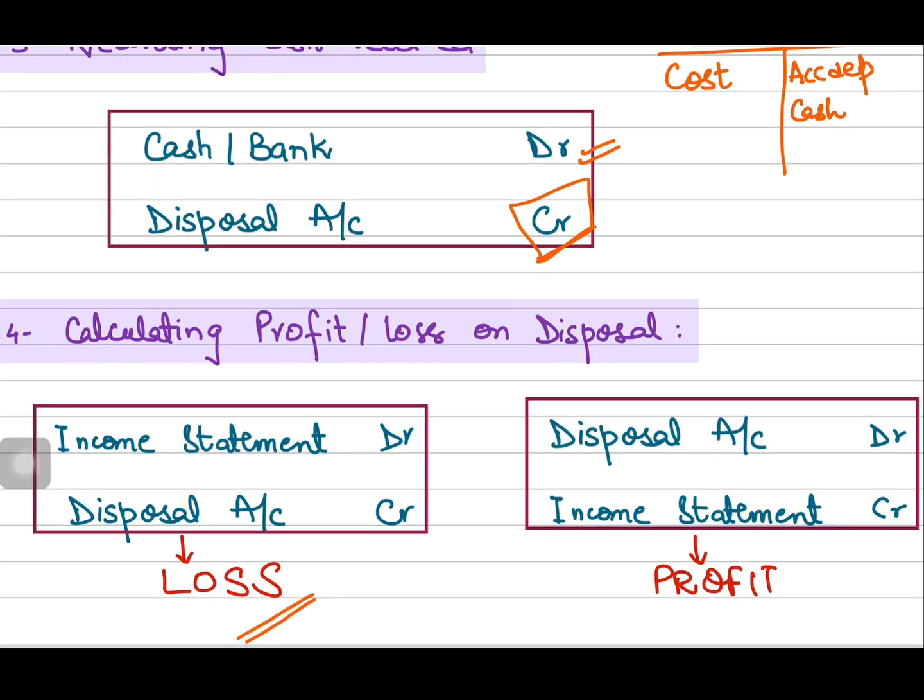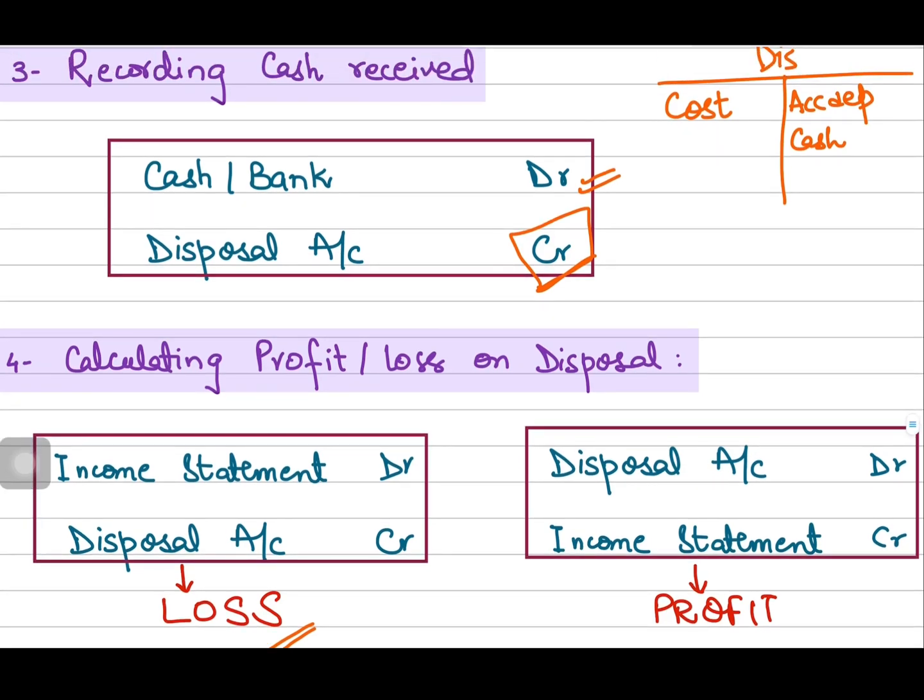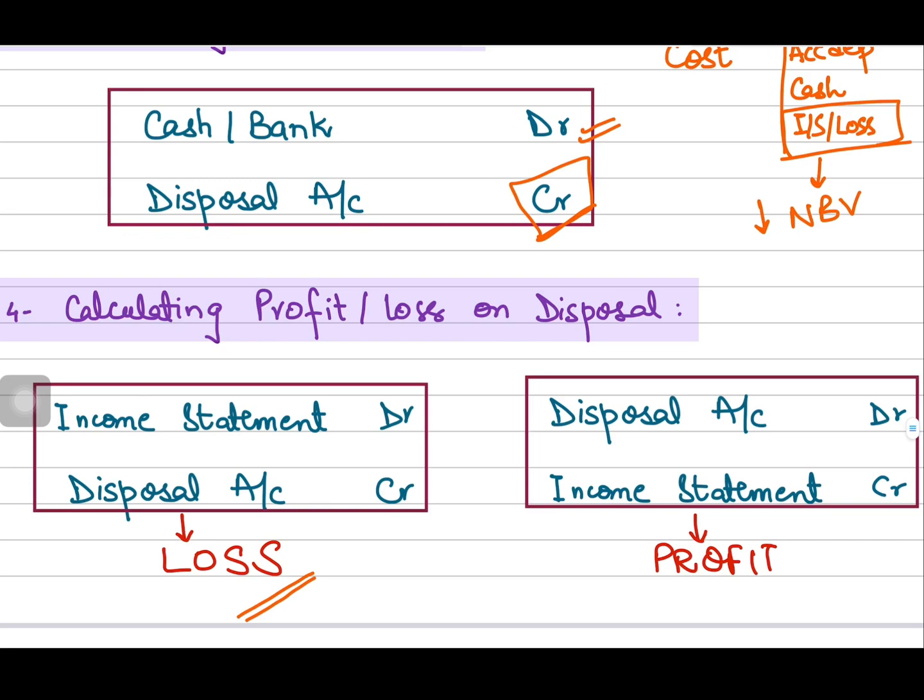This means that the shortfall in the disposal account will be on the credit side. That is why the loss figure will fall on the credit side of your disposal account, which also means that you are selling this asset at a lower price than its net book value. So, the double entry to record a loss on disposal would be: income statement will be debited as it's a loss, and your disposal account will be credited.